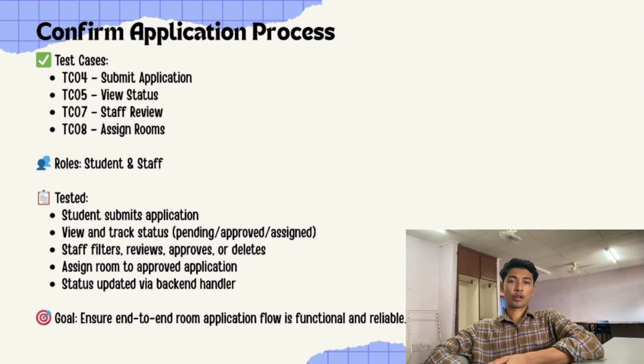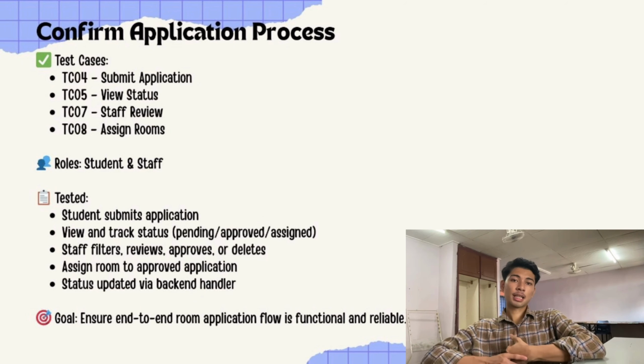In test case 4, we test how students apply for hostel rooms, including room form submission, read-only behavior after applying, and deletion restriction once a room is assigned. In test case 5, students were able to view their application status, such as pending, approved, rejected, or assigned, and print their slips when a room was given.